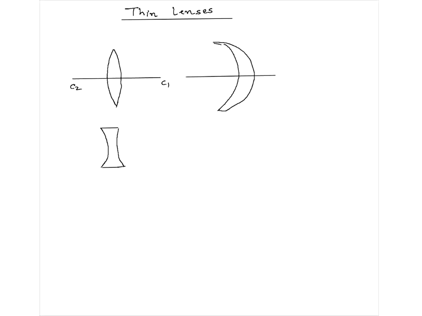Now there can be two radii of curvature, R1 and R2. They may be equal, they may not be equal. There are two foci also.